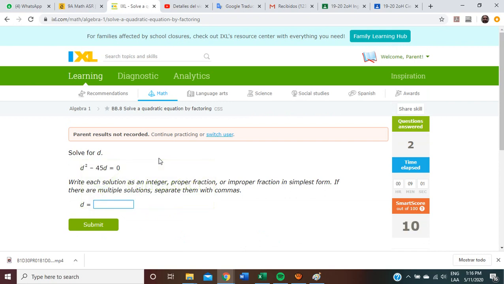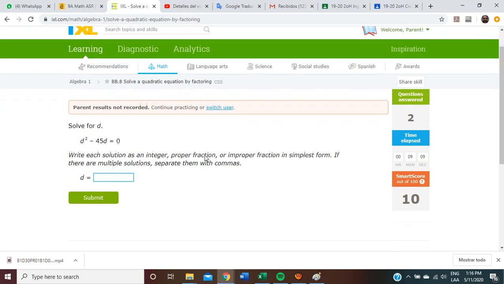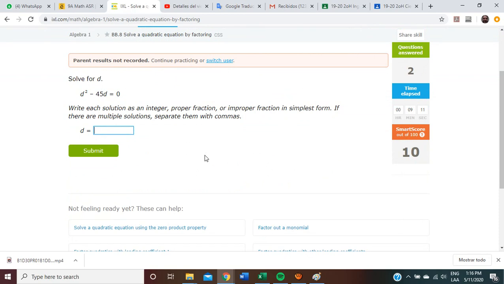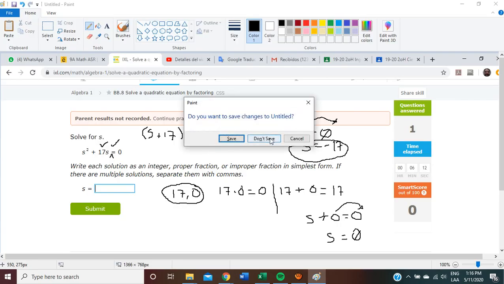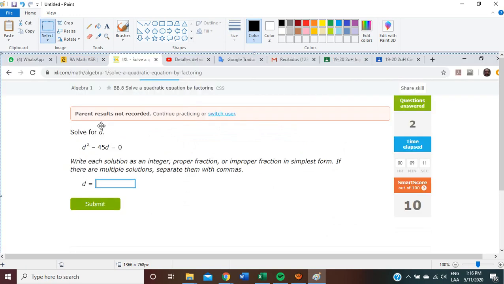Submit. Fantastic. Okay, I am going to do this very last one, and I want you to pay attention to this final one. A new one. Remember what to do: draw parentheses. Again, I am missing this term.